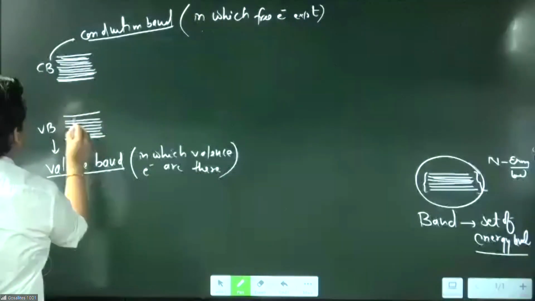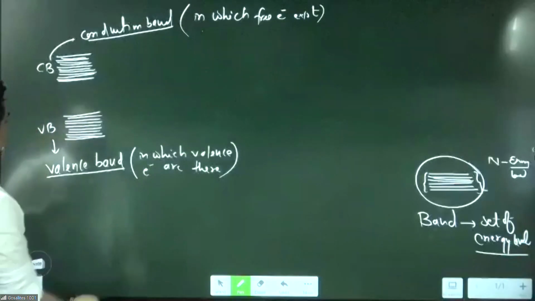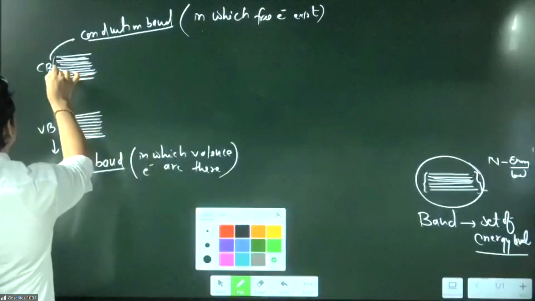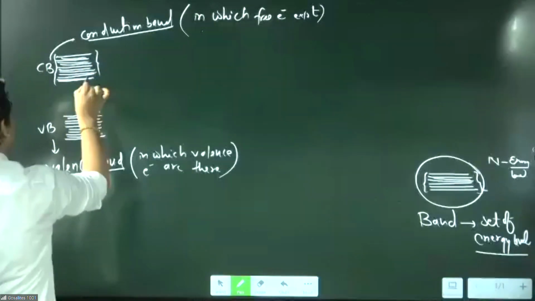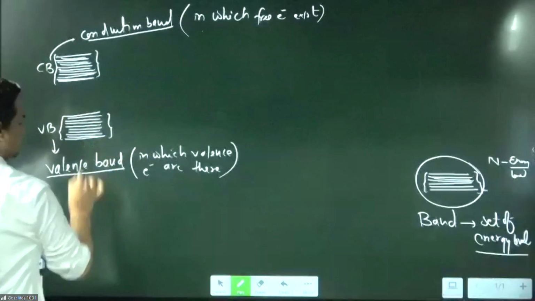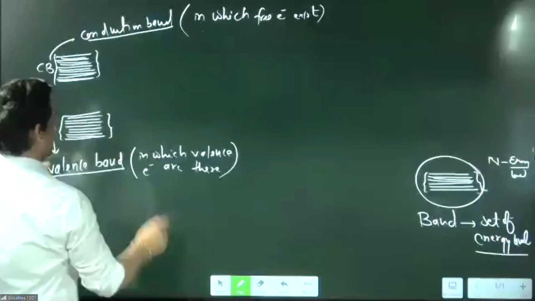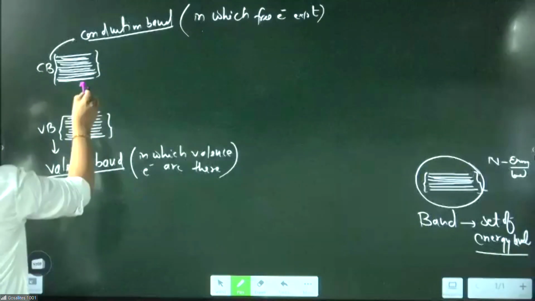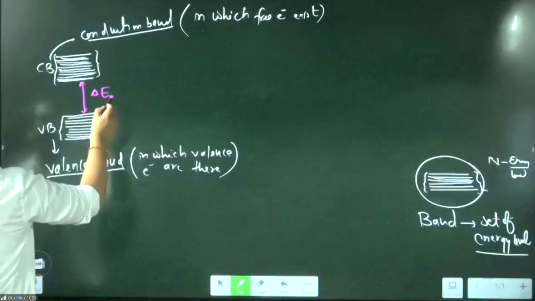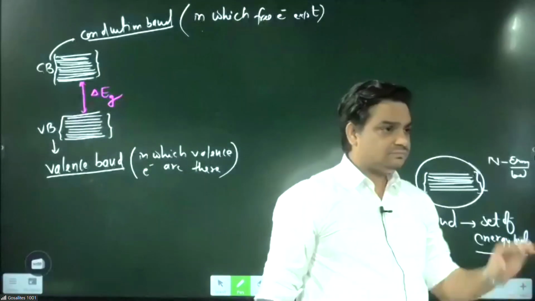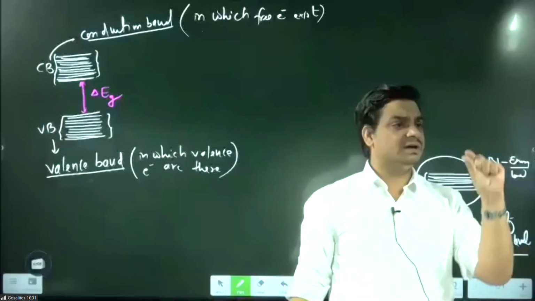But ultimately, the conduction band will have more energy and the valence band will have lesser energy, because these are your bounded electrons, or valence electrons. This gap is known as your delta Eg. This is known as our forbidden energy gap.